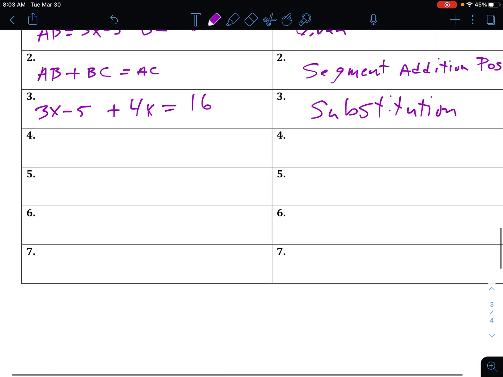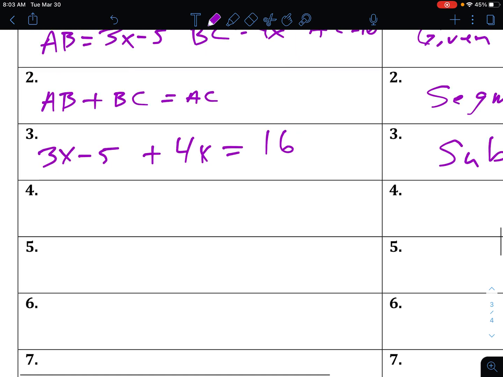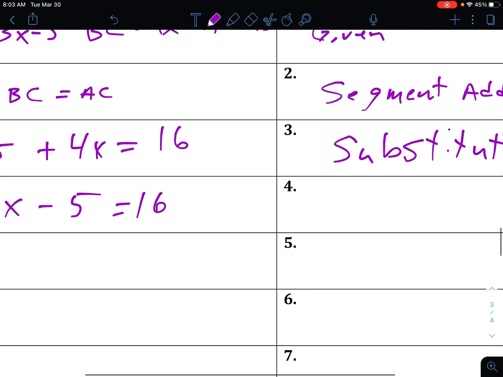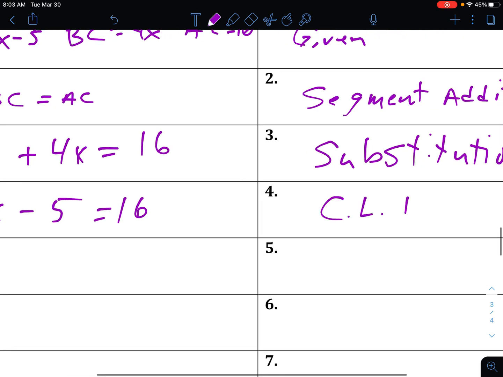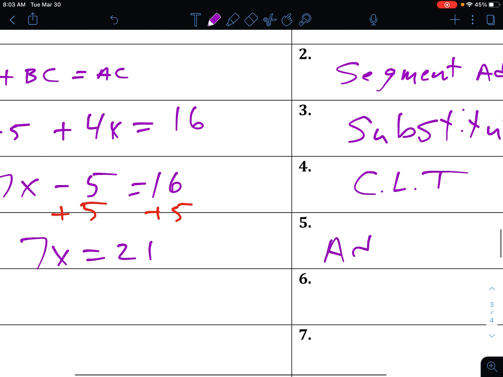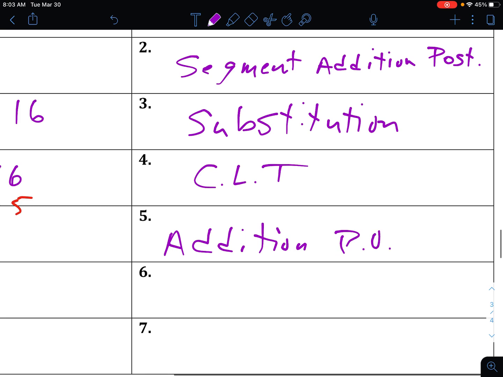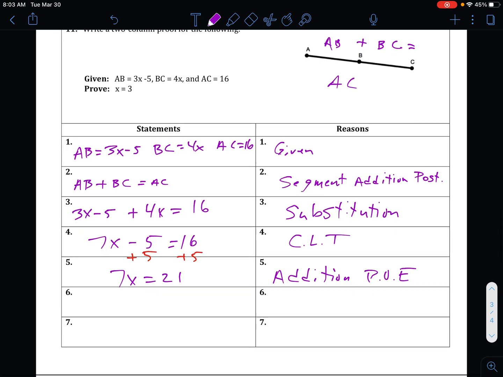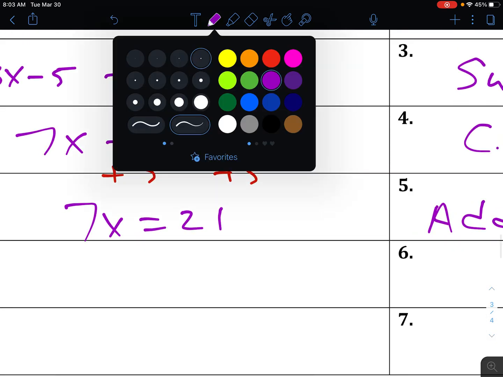And I don't know if we're going to have enough room or not, but that's all right. We're going to simplify and collect like terms. We're going to add 5. Divide by 7, and then we're done.